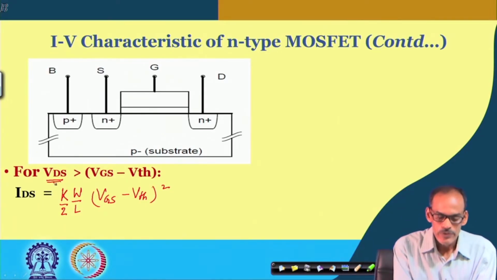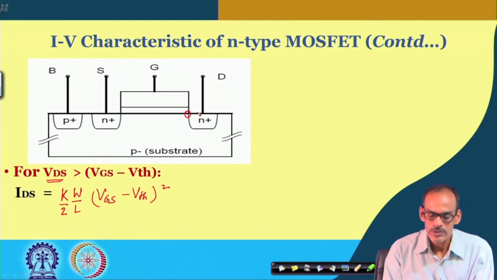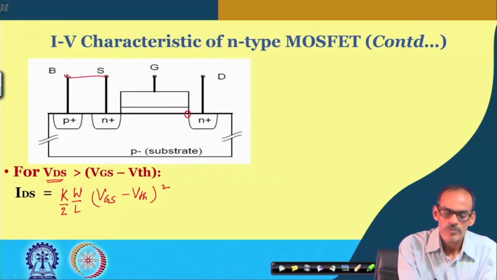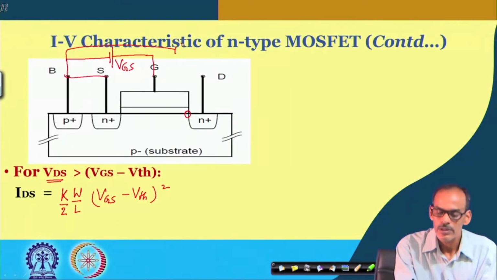Now, if we exceed this one, of course, in this portion the channel is disappearing. So the obvious conclusion, or maybe the tendency, is that we may say the current is not flowing. However, we do have the lateral field VDS.